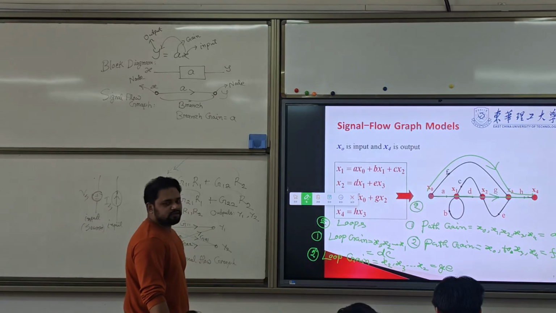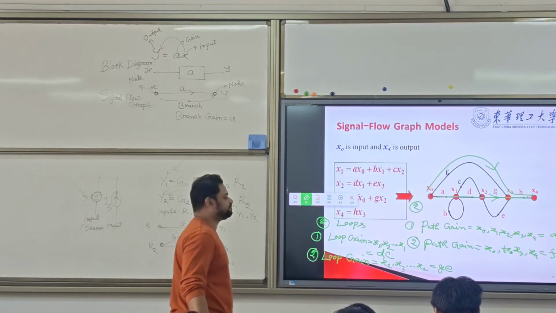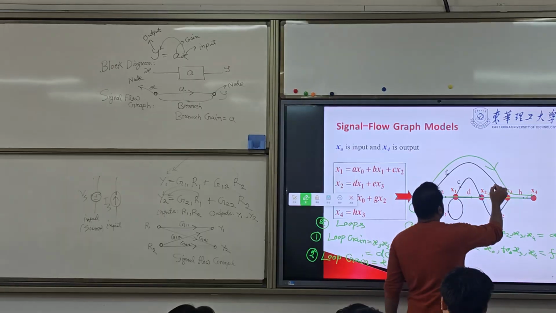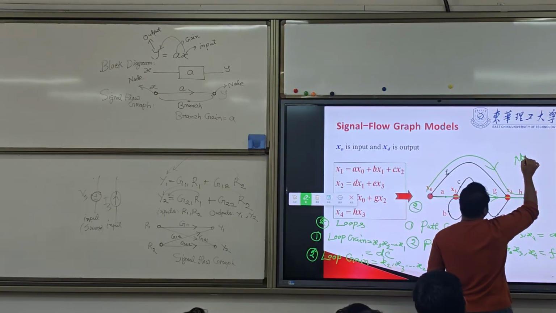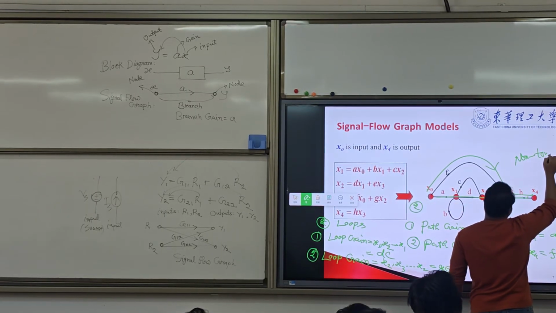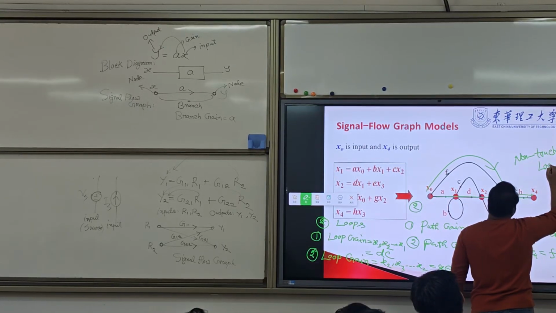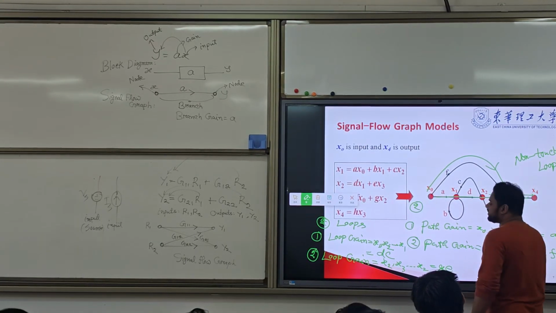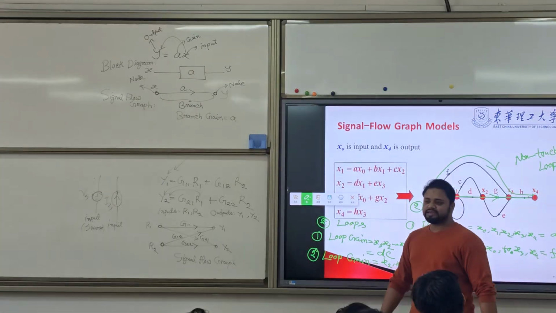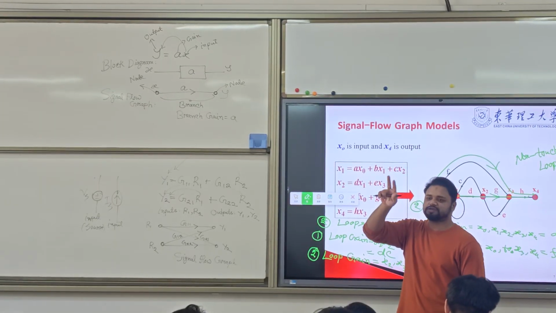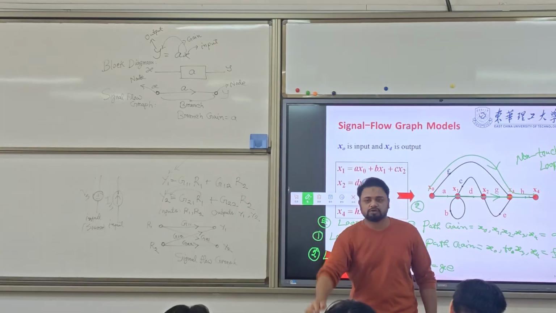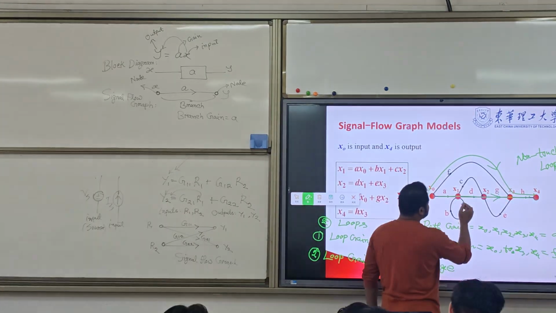Now, what we need to understand is the non-touching loops. What is a non-touching loop? I said that we call 2 loops non-touching if there are no nodes in common. Look at this.